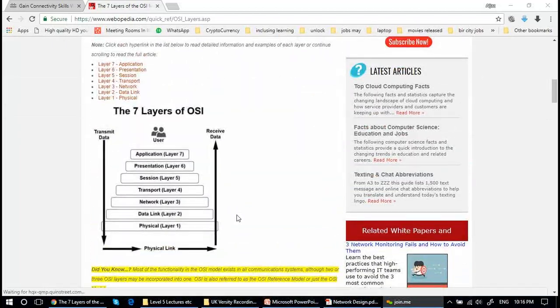As I explained to you, when you talk about the OSI layers, or when you talk about communication, if you are sending or transferring any data, it goes through the physical layer, for example, from your computer, then it reaches the data link layer, then the network layer, transport layer, session layer, presentation layer, then application layer.